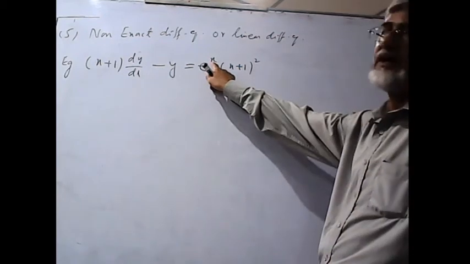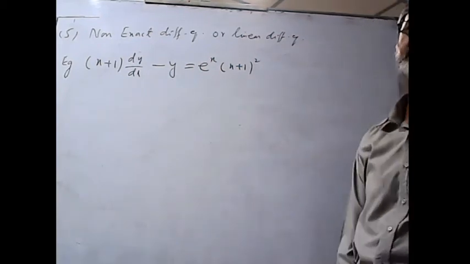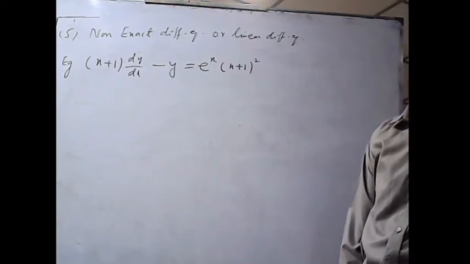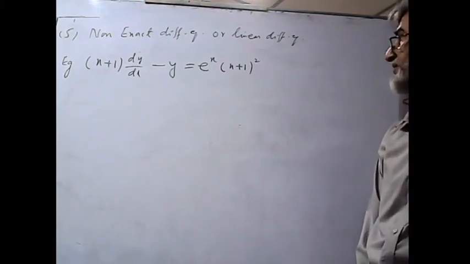E power lambda x cannot be separated as lambda is common. So it does not satisfy the homogeneous condition.